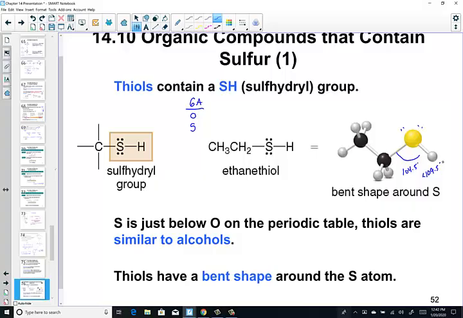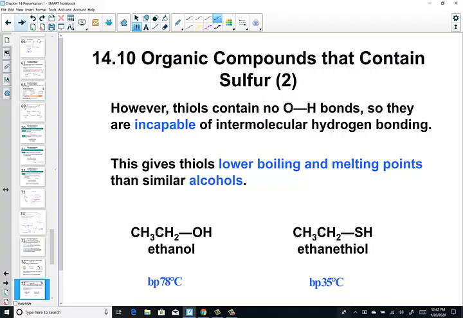So these thiols contain no OH bond, so there's no intermolecular hydrogen bonding, right? Because it's an SH bond, so there's no H bonding. Puts them right into that similarity between ethers and alkyl halides because they're polar, but there's no hydrogen bonding.